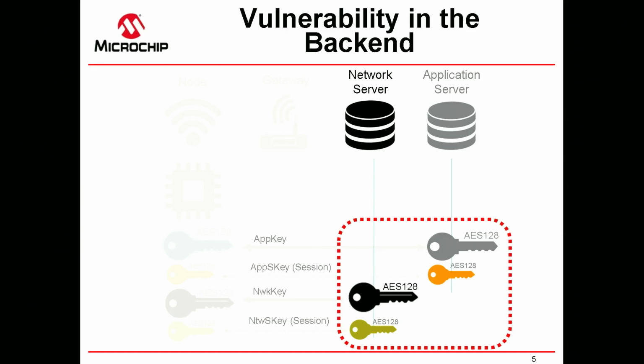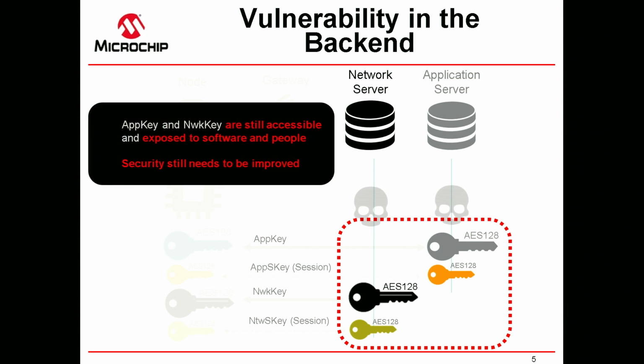Again, if I have the key, you remember that concept. The vulnerability doesn't stop there, right? Because we have that same key on the end node and the backend. So on the backend, what happens? The keys are between the network server and the application server. Those are Linux environments, and Linux is software. Software has bugs.